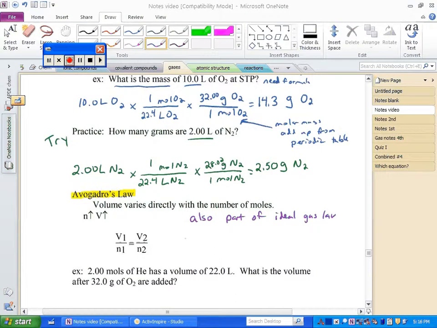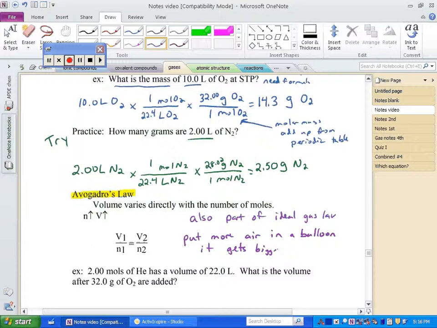This gas law basically says put more air in a balloon, it gets bigger. You gotta love the gas laws. They make sense.